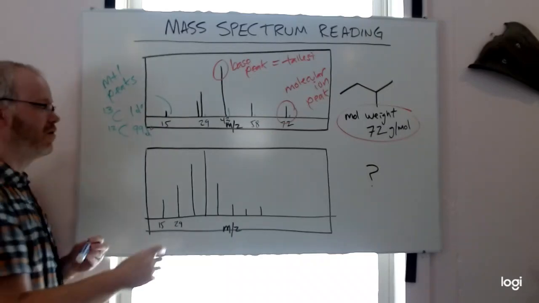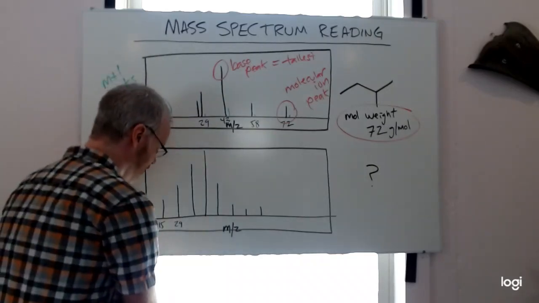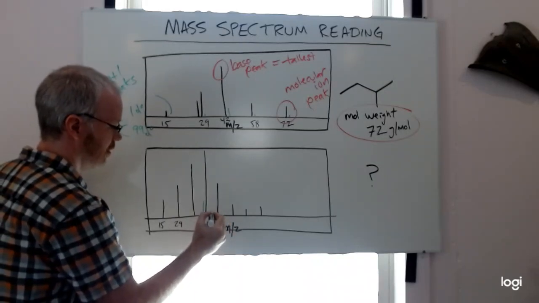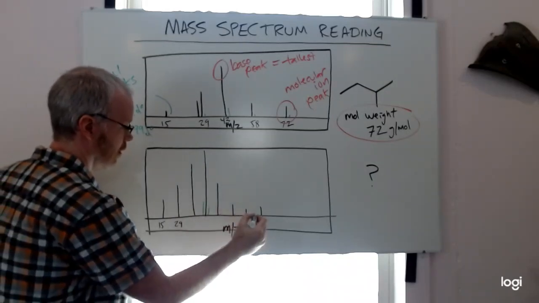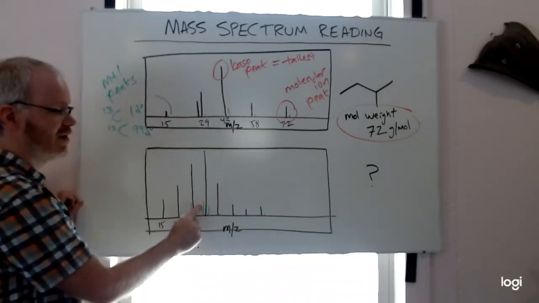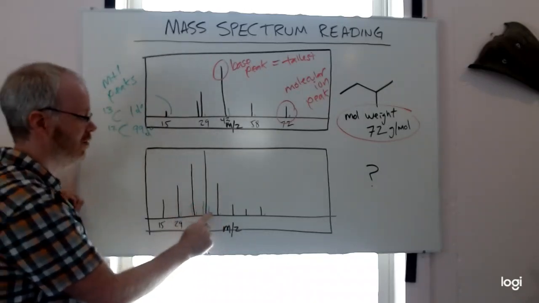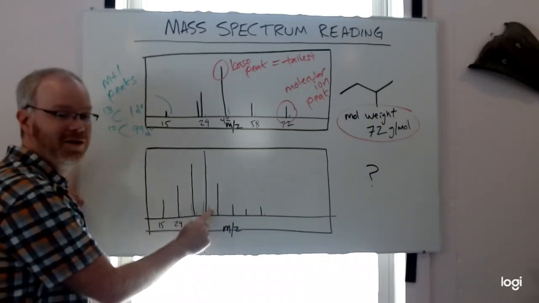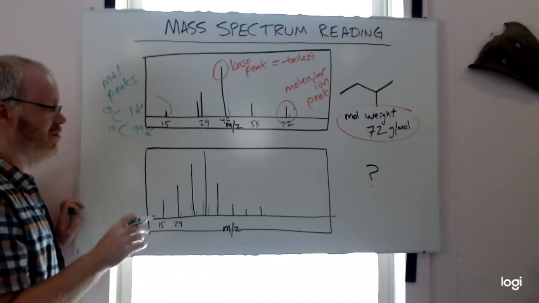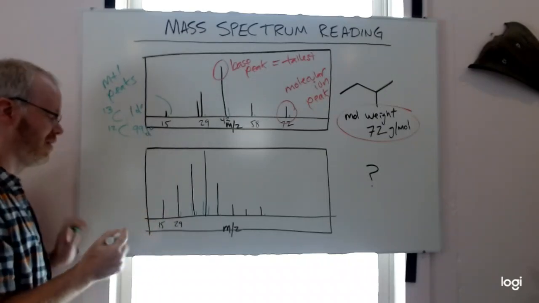Of course, in a real spectrum you're probably going to see other peaks show up here and there, either from additional fragmentation, smaller peaks, or M+1 peaks, a little bit larger. You have to learn to live with those and understand when they're important and when they're not.